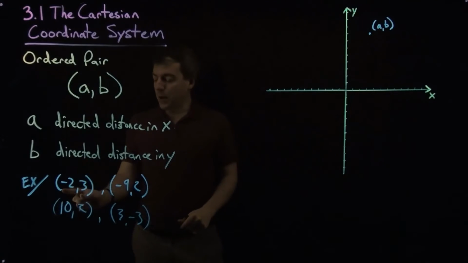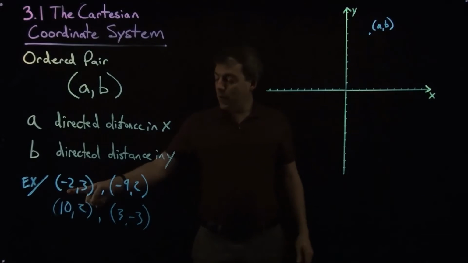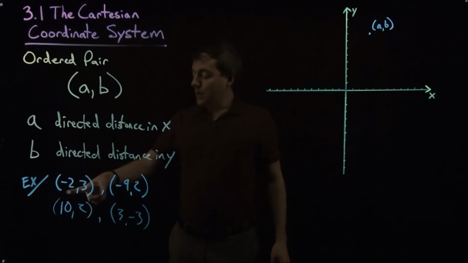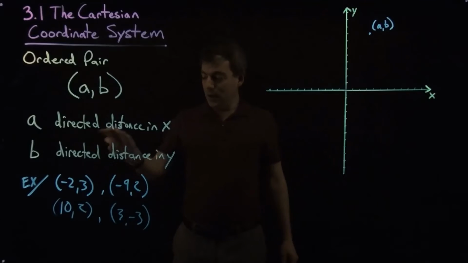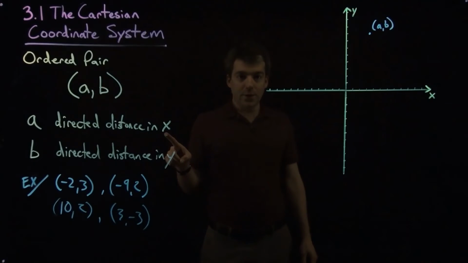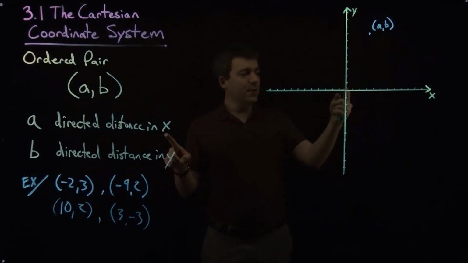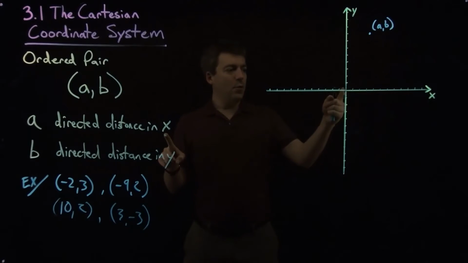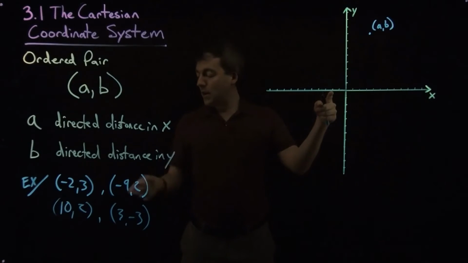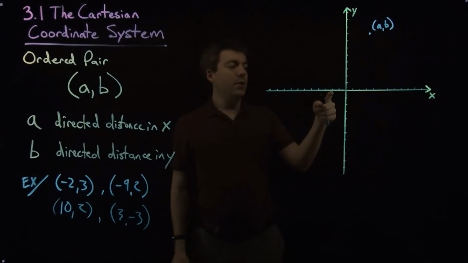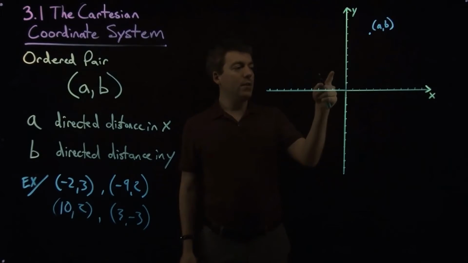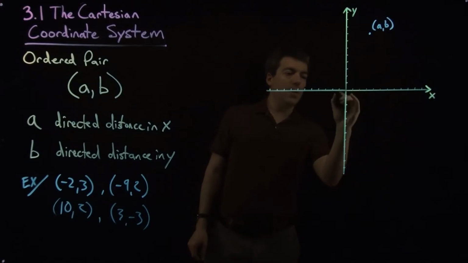We've got the first point here at -2, 3. The first coordinate is -2. That tells us we need to go -2 in the x direction. So if we start at the origin, we'll move 2 units to the left. 3 would be 3 units up. So 1, 2, 3. So 2 to the left, 3 up.